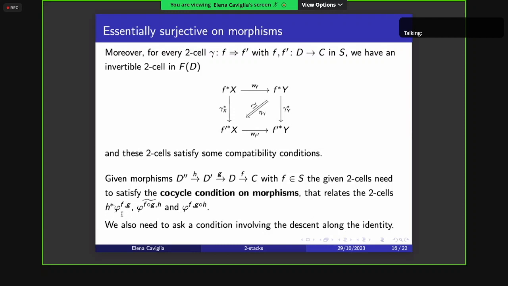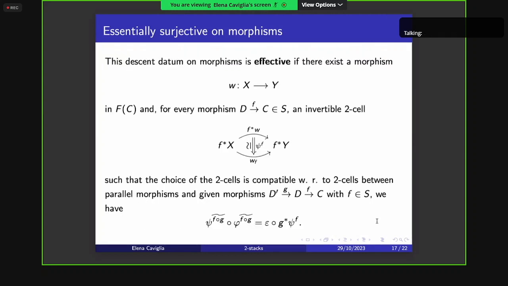So this is about the descent along G, this is about the descent along H, and this is about the descent along the composite of G and H. Moreover, the same pseudofunctoriality of the structure cells gives us a condition that involves the descent along the identity, which we didn't have in dimension 1. So it's a new condition.